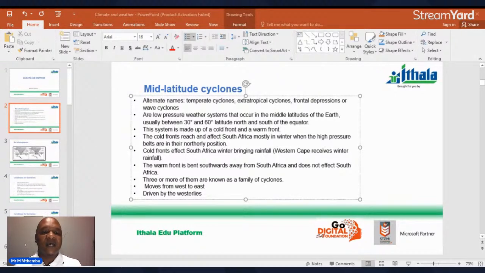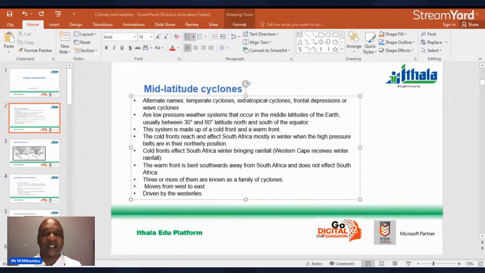Warm occlusion occurs when the air behind the occluded front is warmer than the air ahead of it. So the warm occlusion acts in a similar way to a warm front. The cold air behind the front is less dense than the even colder air ahead of it, so it passes over the top of the cold front.